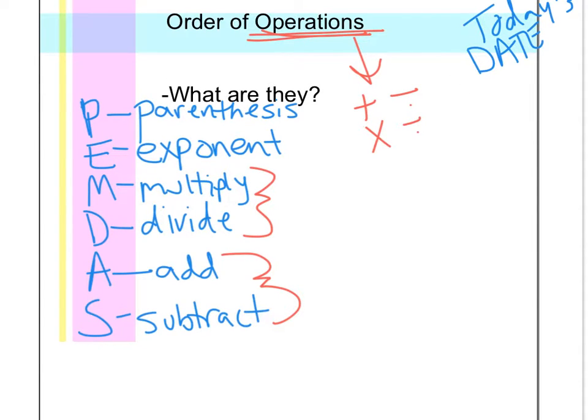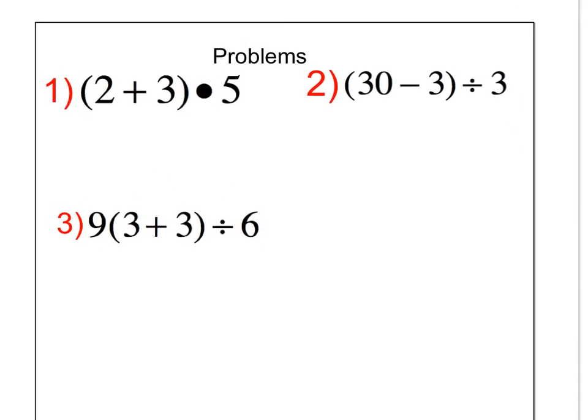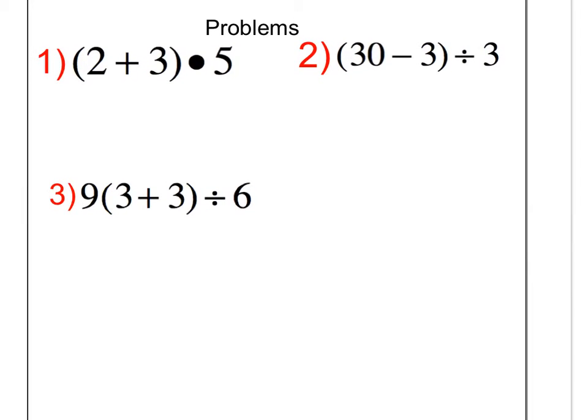So now we're going to do a couple of examples of problems for order of operations. So our first problem, which you can write in your notes, is number 1 here. And PEMDAS, I'll write it over here so we have reference to it. We're going to use PEMDAS, or order of operations, for every single problem that you do in any math class.